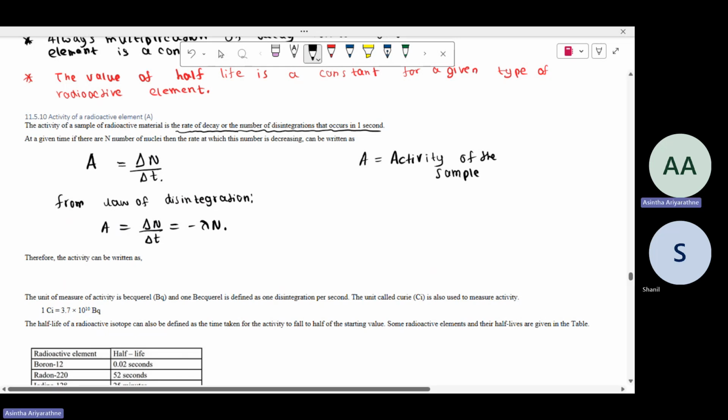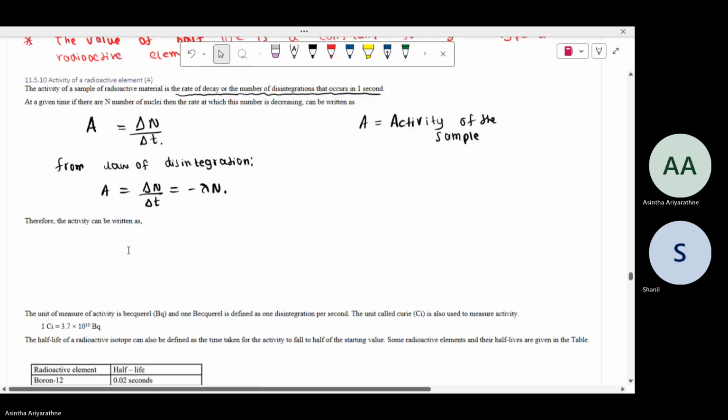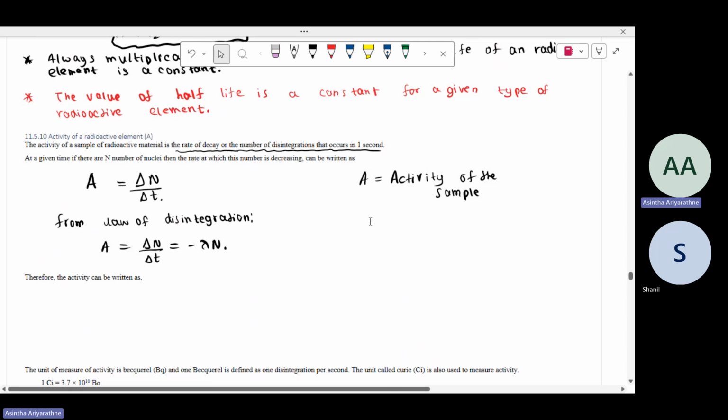Again we get the same expression. So that is just a definition. Activity of the sample is the rate of decay, or the number of disintegrations that happen per unit time.